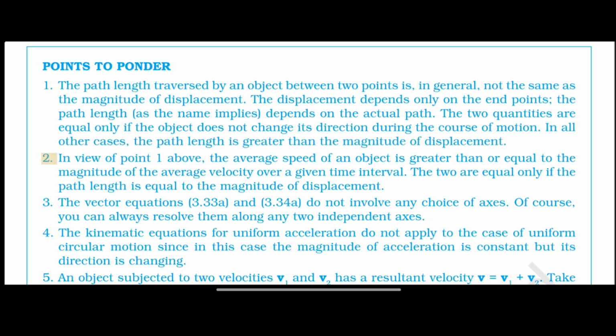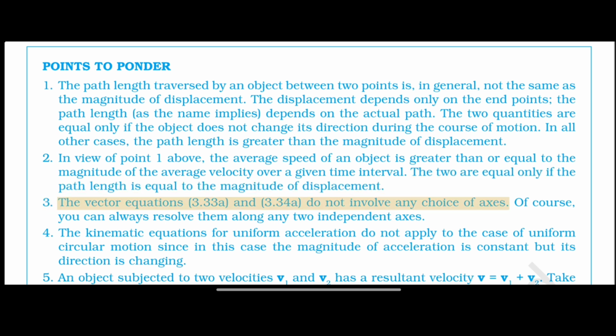2. In view of point 1 above, the average speed of an object is greater than or equal to the magnitude of the average velocity over a given time interval. The two are equal only if the path length is equal to the magnitude of displacement. 3.